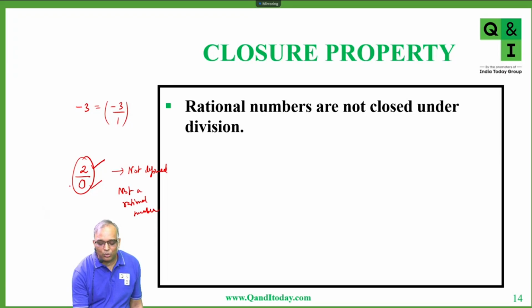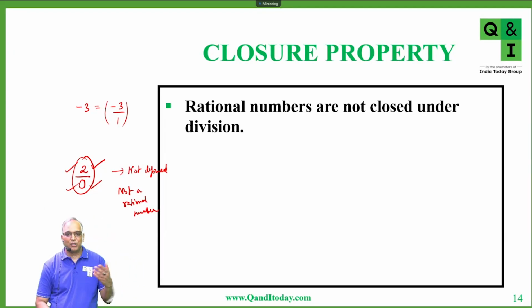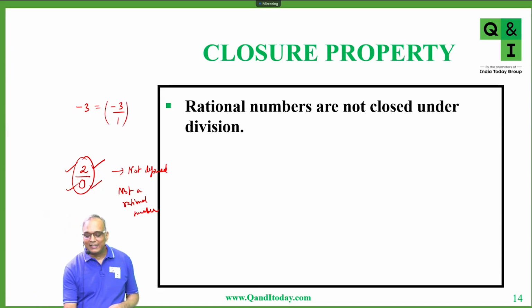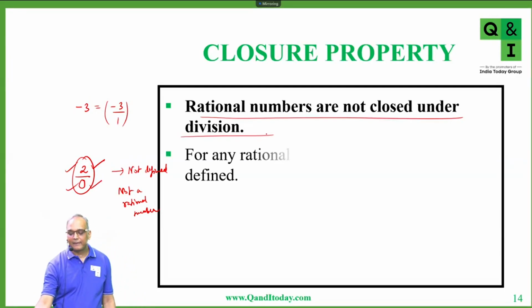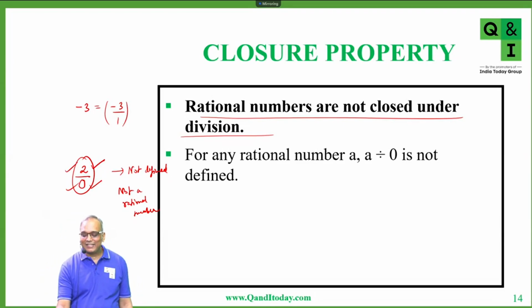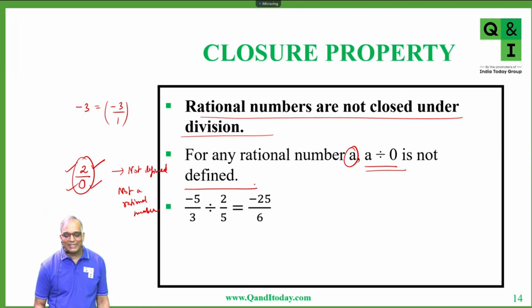So even though the numerator and denominator are rational numbers, because 2 and 0 both are rational numbers, the division of 2 by 0 is not a rational number. So that's why we say that rational numbers are not closed under division. So for any rational number a, if I do a divided by 0, it is not defined, and that's why we say that this is not a rational number.